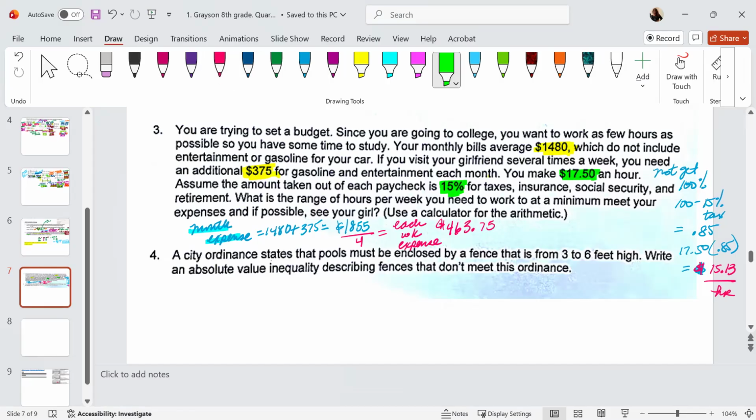The question asks you, how many hours does she need to work? Well, if she needs to make this much, $463.75 a week, and she's getting paid $15.13 an hour, you take that divided by 15.13, which will give you the number of hours she needs to work. So what is that going to be?